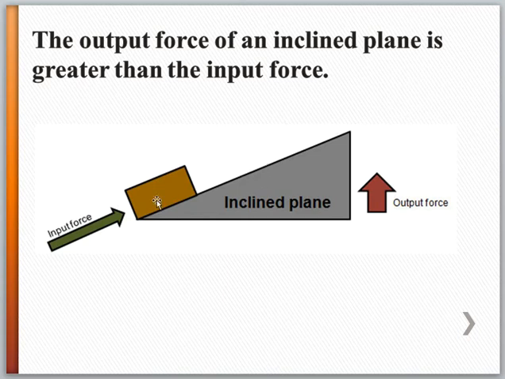And if we were in the class, I would show you a lab where we can actually measure those forces. But the input force, the force that you have to push to move the object up, is actually less than the force that will come out of that to actually lift the object. So there's a bit of a force multiplier. And that's what machines do for us.